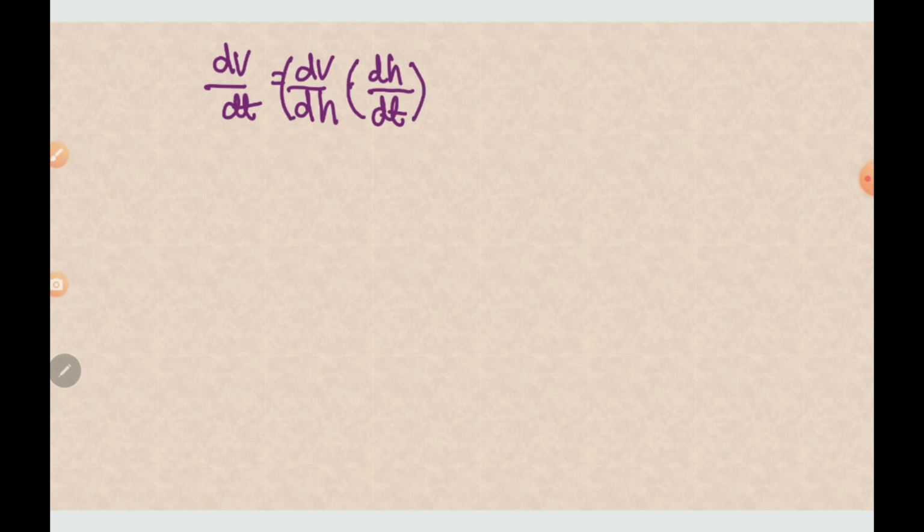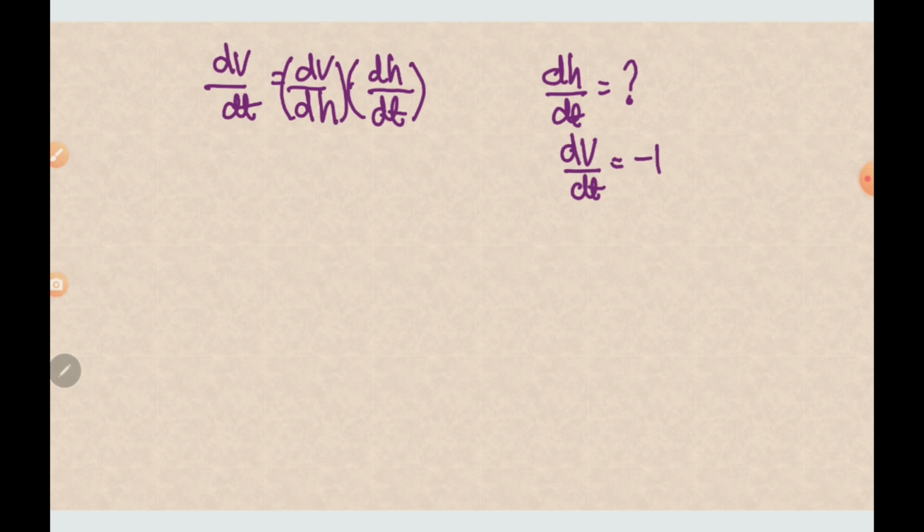Okay. So now we want to find out what is dh dt. Therefore, we will substitute here. You are given the rate of change of volume dV dt as -1.